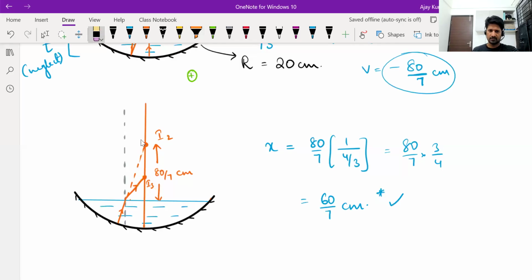For the final refraction, this I2 is the image formed by reflection from the mirror. This becomes the object for the refraction that is happening here. So I treated I2 as the object and found out the image distance, that is I3. I3 is forming at 60 by 7 centimeters.